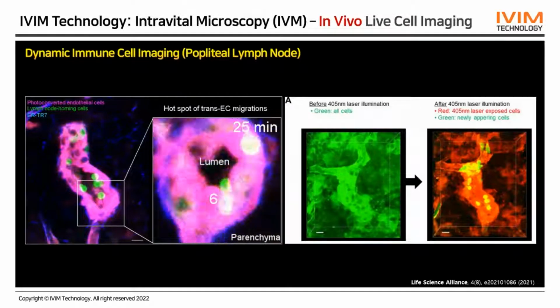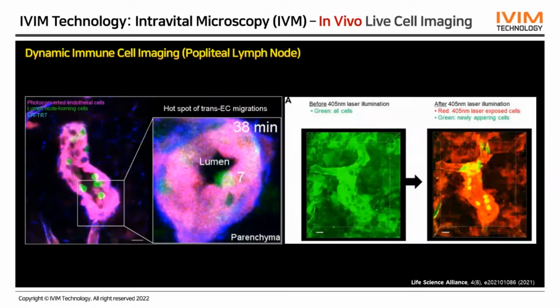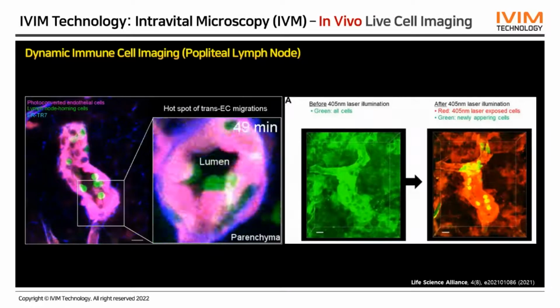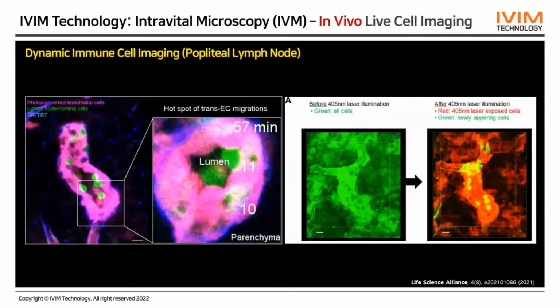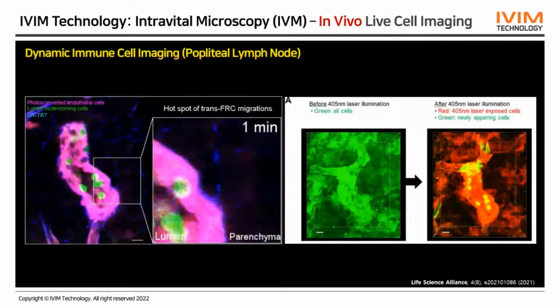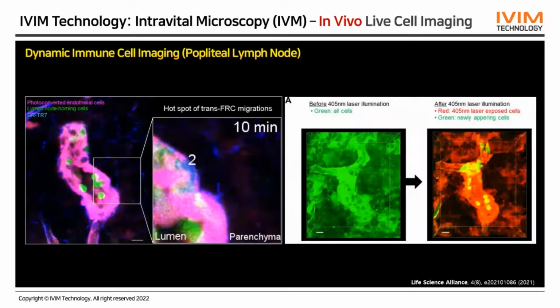When a 405 nanometer laser was irradiated onto the HEVs, all cells in a field of view changed from green to red, and newly appearing cells in the HEV lumens are green.